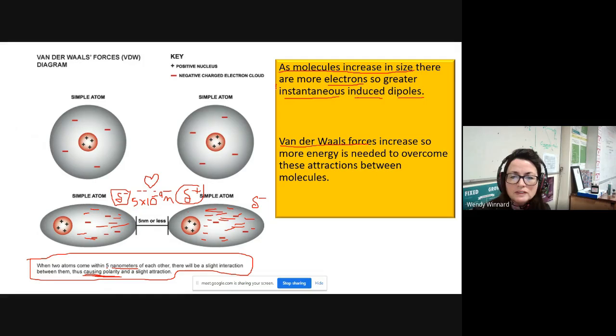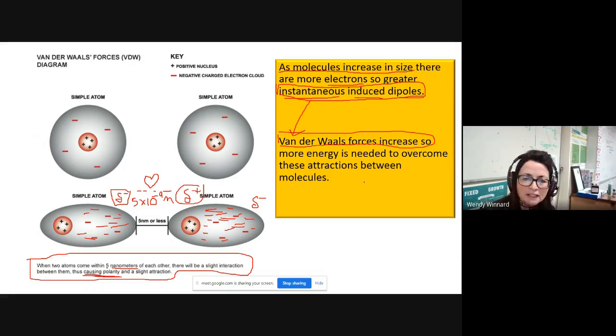So you can say instantaneous induced dipoles. That means exactly the same as van der Waals forces. So van der Waals forces also increase. So more energy is needed to overcome these attractions between molecules. So as molecules get bigger, there are more electrons, and therefore the van der Waals forces increase.